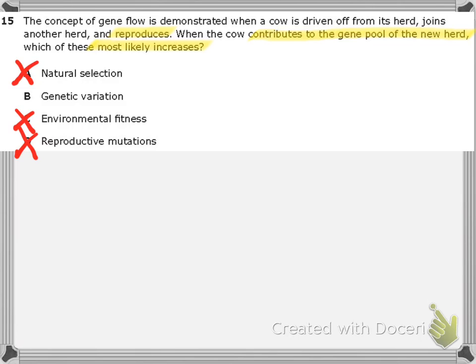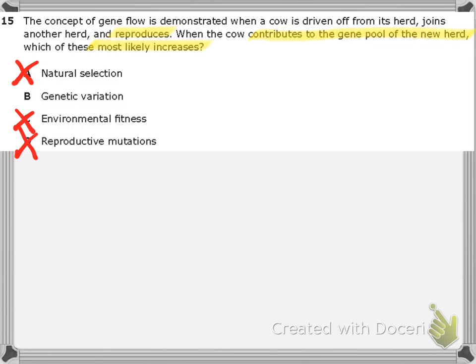Just put yourself in this situation. If you live in Texas and all of a sudden you move to Washington, and then you find a spouse or significant other and have kids, that's going to increase the genetic diversity in Washington. Because you brought your genes from Texas to Washington, and now your genes are in the gene pool, and you have kids, they have kids, and there's an addition of new genetics, new genes.